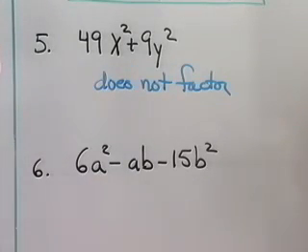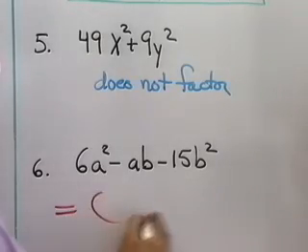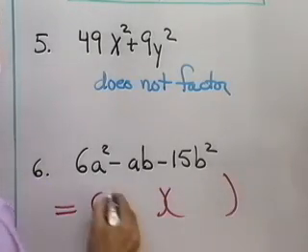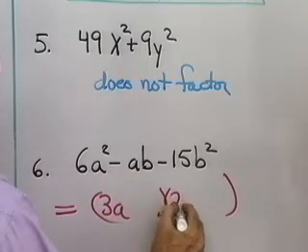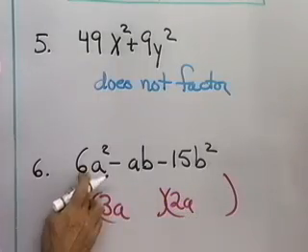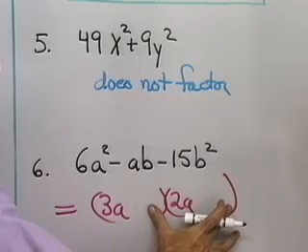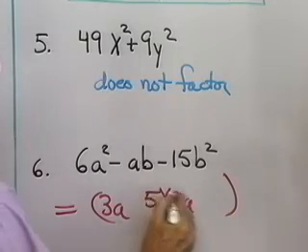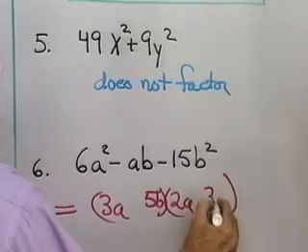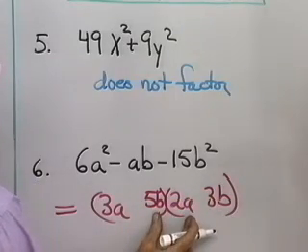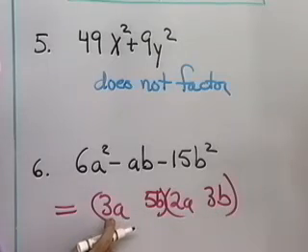6a squared minus 1ab minus 15b squared. We'll just do a little trial and error here. How about 3a and 2a to multiply and give me 6a squared? 15b squared, what if I put 5 and 3? 5b and 3b. Inside would be 10ab, outside would be 9ab.